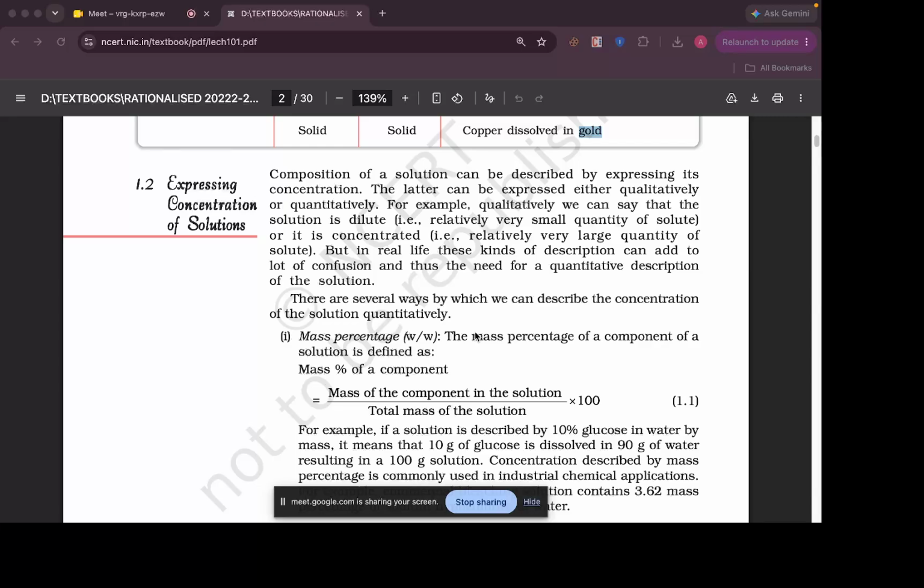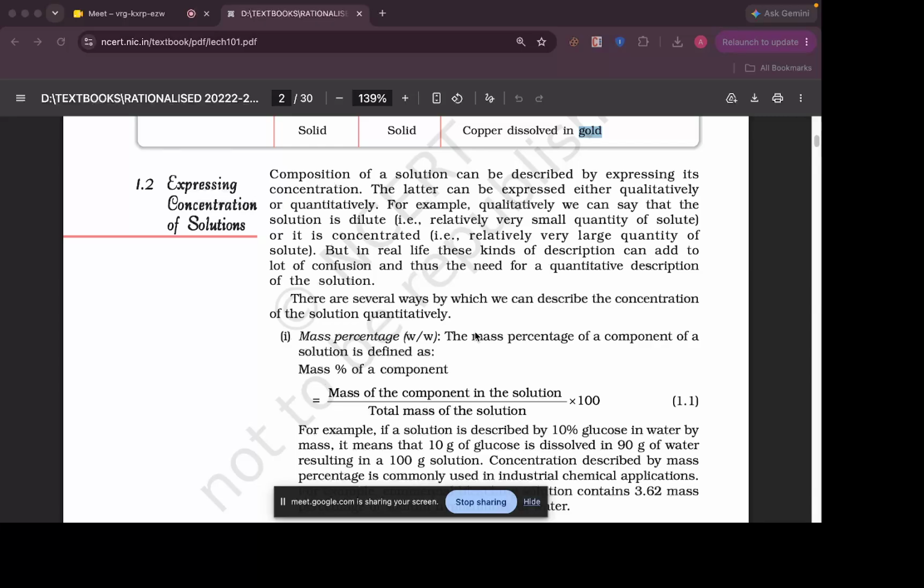Expressing concentration of the solution. We understood about the solution, about heterogeneous and homogeneous solutions, about binary solutions, and how the composition will vary when we take two components, like copper and zinc making something, copper, zinc and nickel making something. So composition also depends.